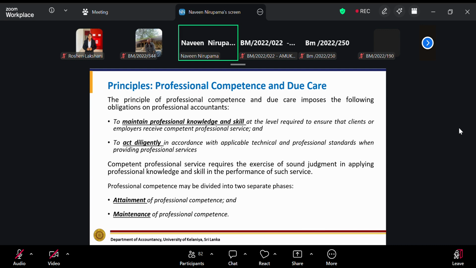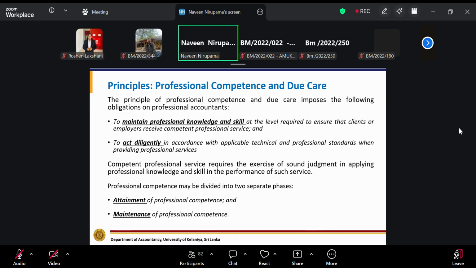When they provide professional services for a third party, professionals should use their professional knowledge and skills to provide those services. They should maintain the professional knowledge and skills gathered throughout their professional period, and act diligently in accordance with applicable technical and professional standards when providing professional services.